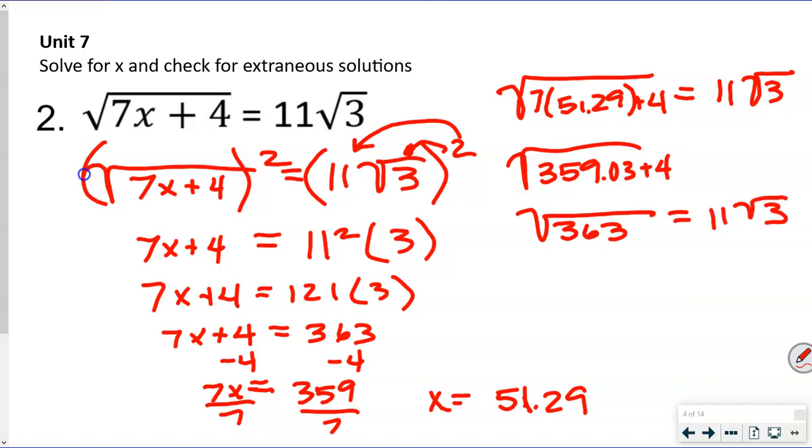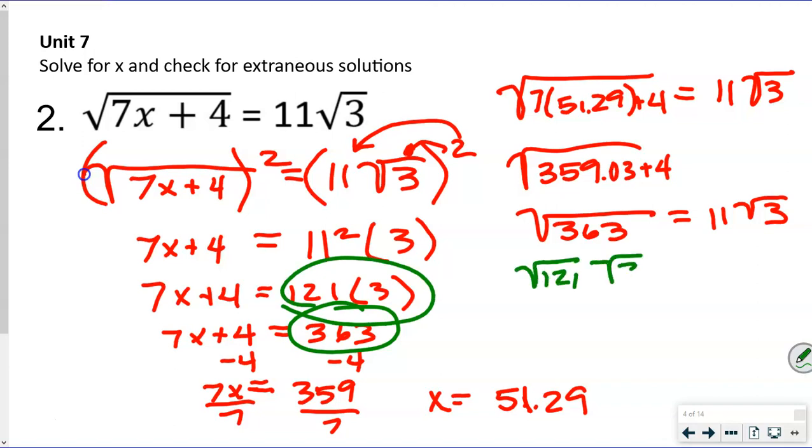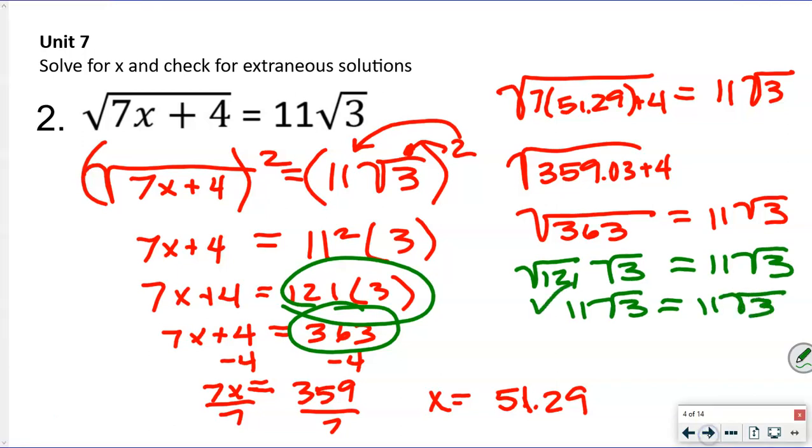And do you remember over here where we had 363 and that equaled this and so on and so forth? So yes, this is going to end up being the square root of 121 times the square root of 3, which is what? 11 square root of 3. So that one checks out as well.